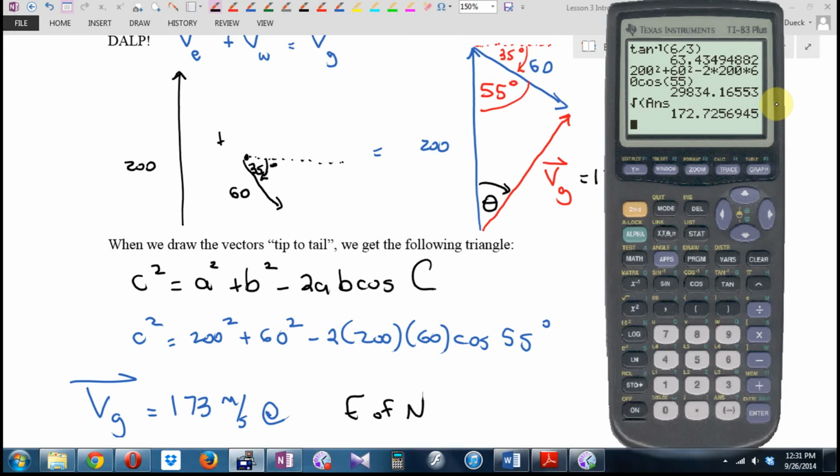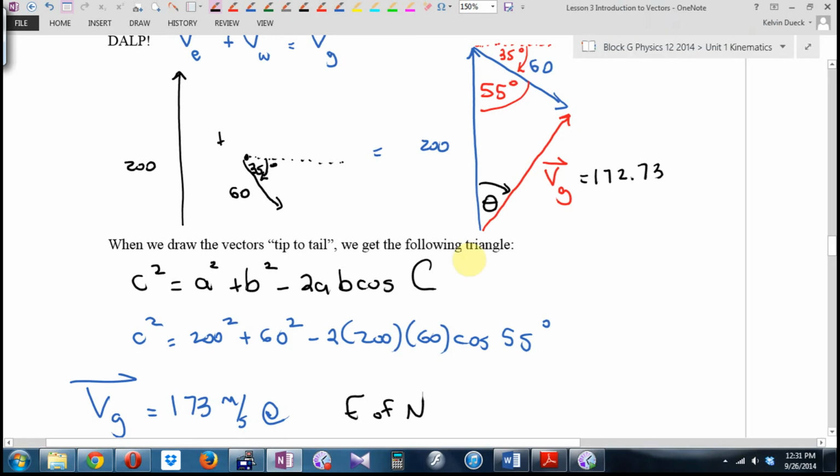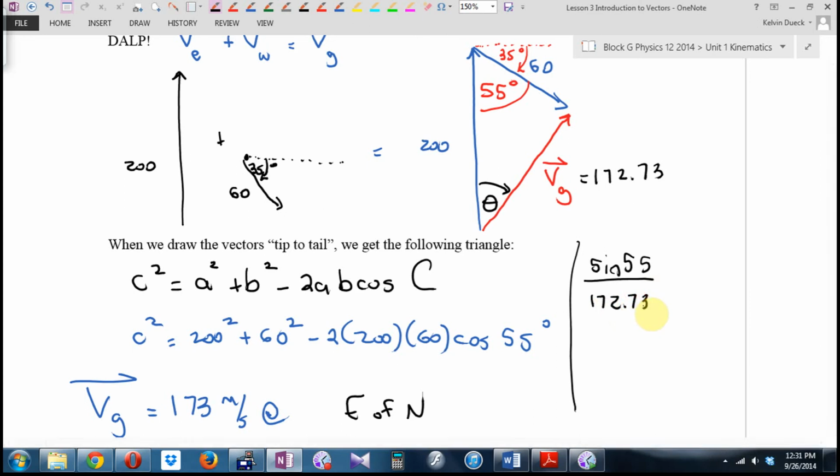I can use the sine law. Sine of 55 over 172.73, blah, blah. In fact, I'm going to use my answer button for that value on my calculator, and that way I'm not rounding off at all. Equals sine theta over 60, the one across from it.